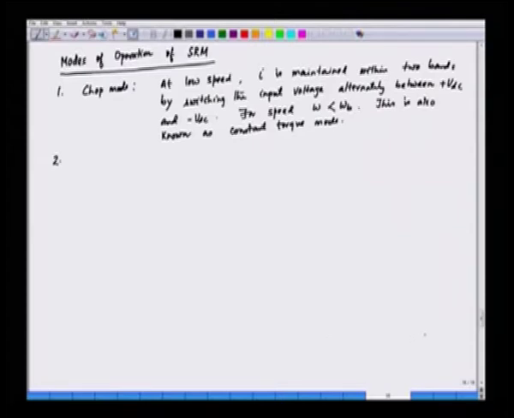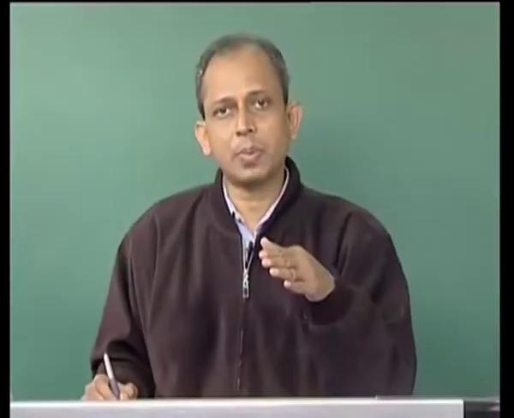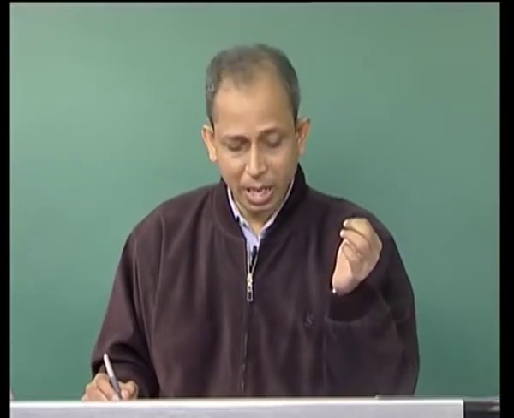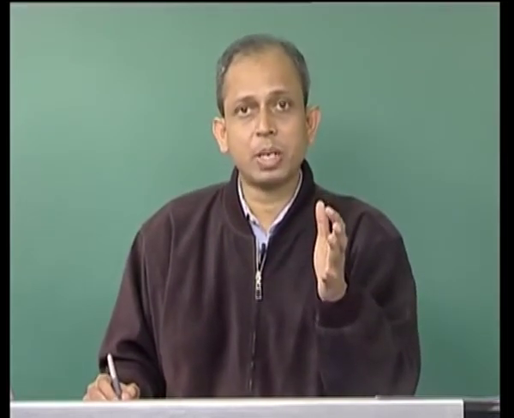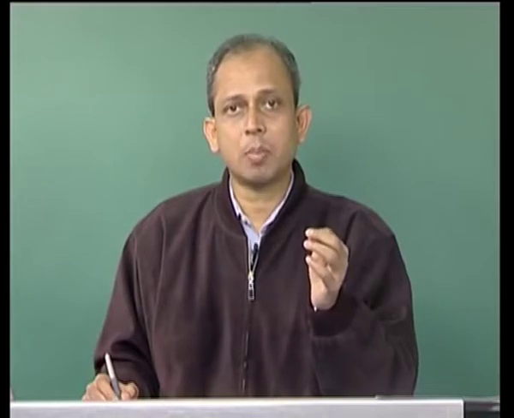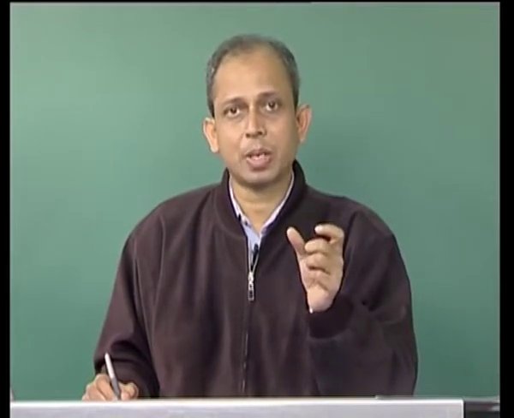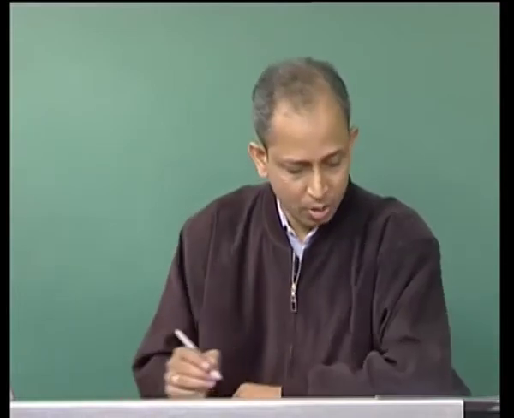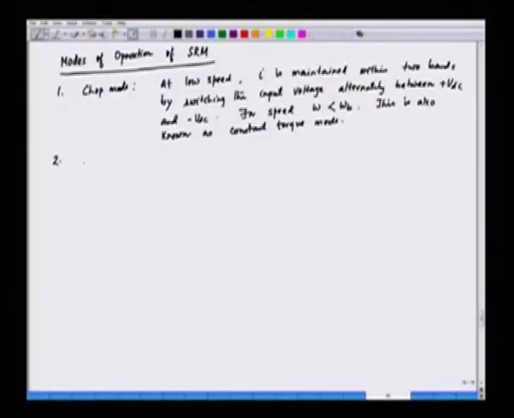Now, what happens after the base speed? After the base speed we have to maintain the current, and the current does not increase so quickly because the speed has become large. So, what we do, we do not keep the current constant, we try to keep the power constant. So, in fact, after the base speed we go for constant power mode, and that is controlled by controlling theta. So, we call that the advanced angle control.